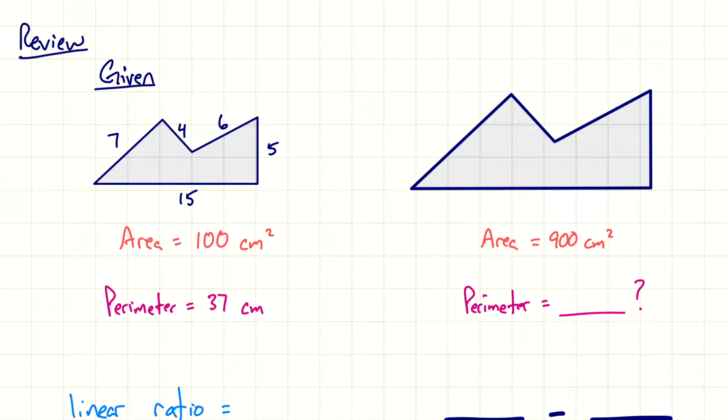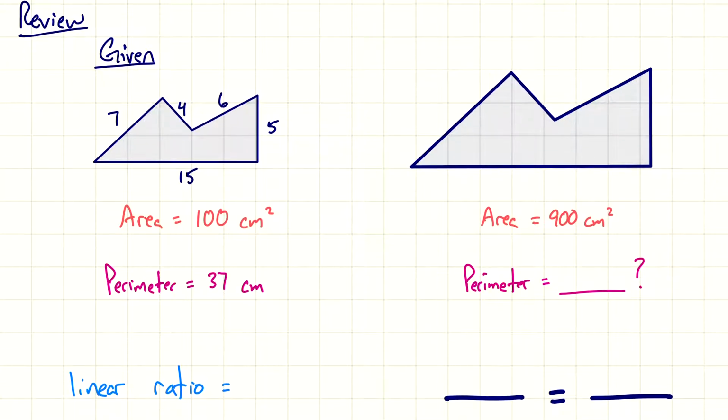But some additional information says, well, I know the area of the small shape is 100 centimeters squared, and the area of the larger one is 900 centimeters squared. How can I use that information to help me find the perimeter without having to measure everything about this larger shape or calculating all the side measurements?